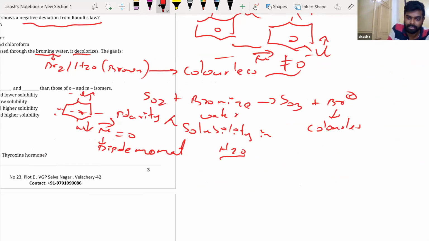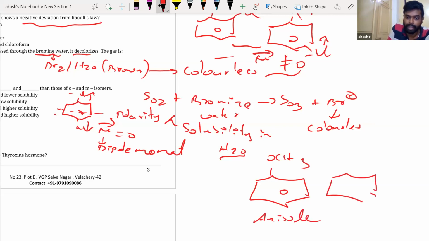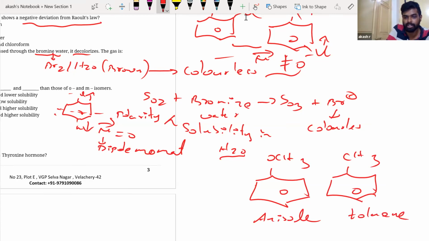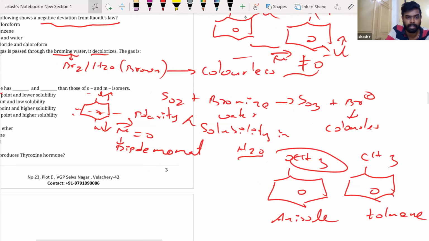So this OCH3, if you have, it is called anisole. And if I have CH3, this is called as what? This compound? Toluene, sir. Okay. So anyways, the correct answer to this question is methoxybenzene. Option B.